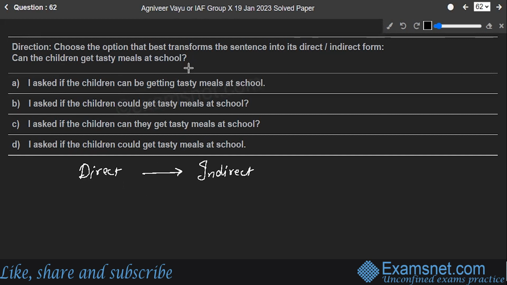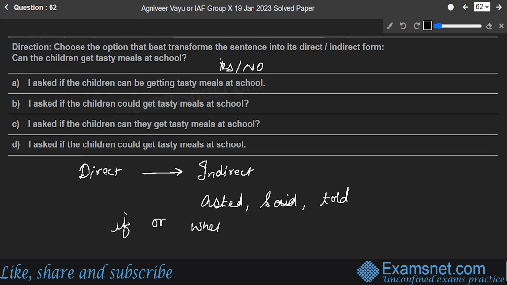Okay, let's leave that. So what happens in the indirect speech? We add words such as asked, said, told, like that. These words are added. And now, can the children get tasty meals at school? To make the indirect speech for questions that can be answered in a yes or no, we introduce the word if or whether in the indirect speech.